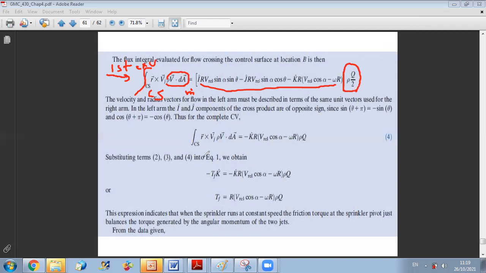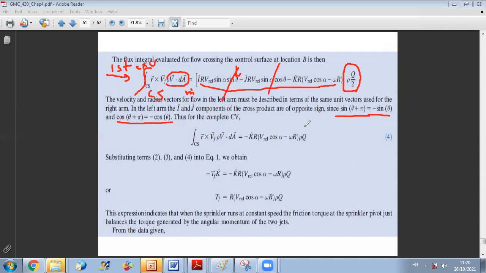Now, for the second exit, I have to repeat the same procedure, but now instead of replacing theta here as the angle, I will put pi plus theta. And when I do this, these terms will cancel out, because as we said, cosine pi plus theta is equal to minus cosine theta, and sine theta plus pi is equal to minus sine theta.